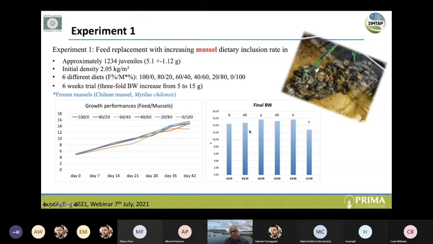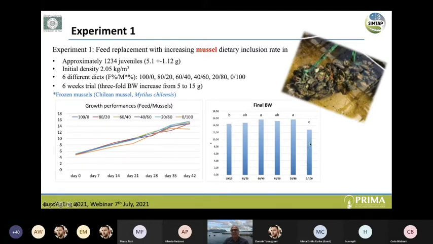Mainly in this other graph, where the final body weight of the groups is represented, you can see also that when we used 100% feed, the growth was higher than only mussels.